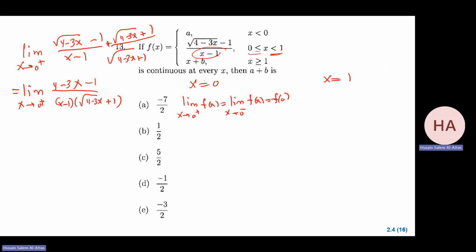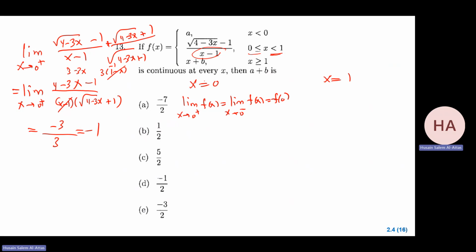That will be 3 minus 3x, or 3, 1 minus 2, minus 6. This is cancelled, you have a minus sign. So that gives me minus 3 over 3, that gives me minus 1.